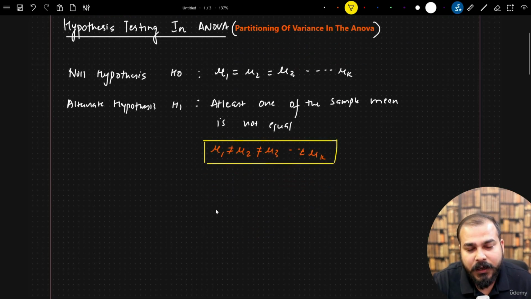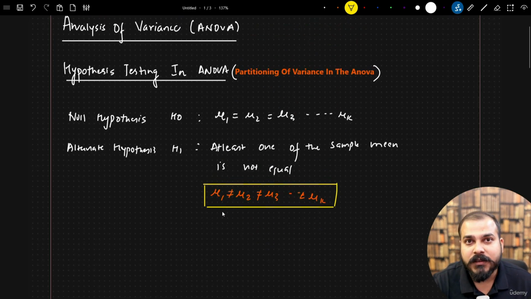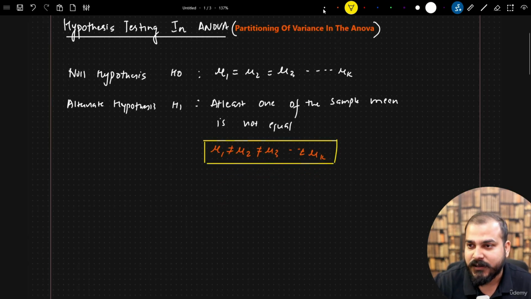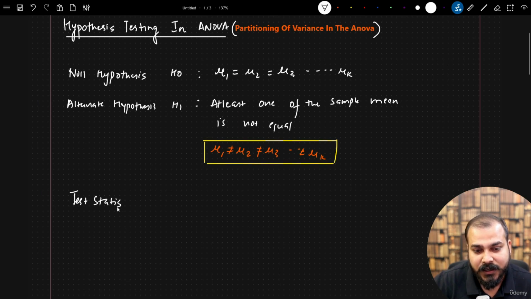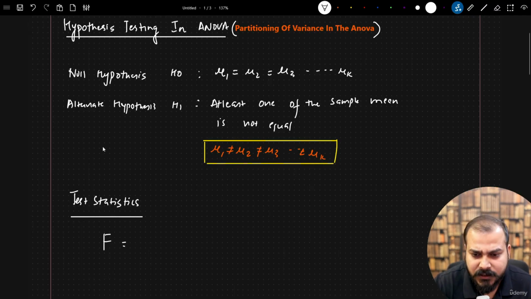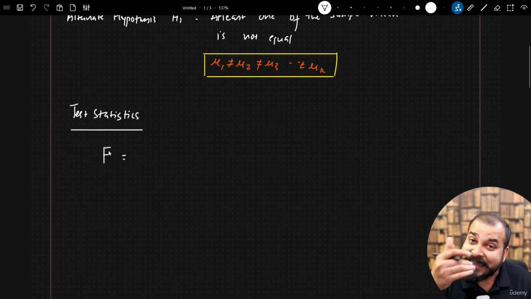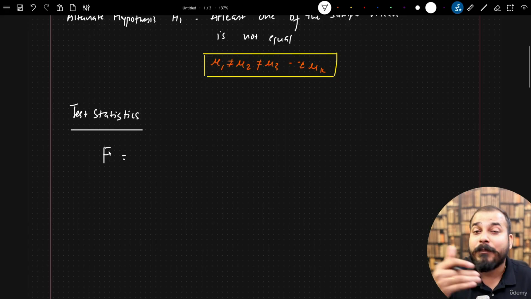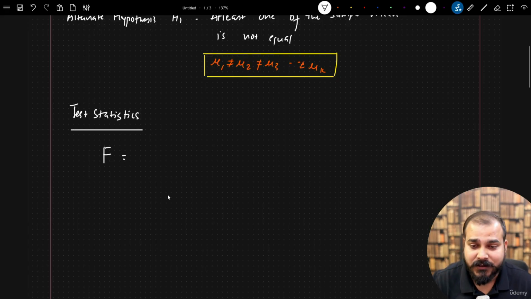Now with respect to performing this, we use a test statistic which is called the F test. The formula is very simple, guys, but it will take a number of steps to do the F test itself.